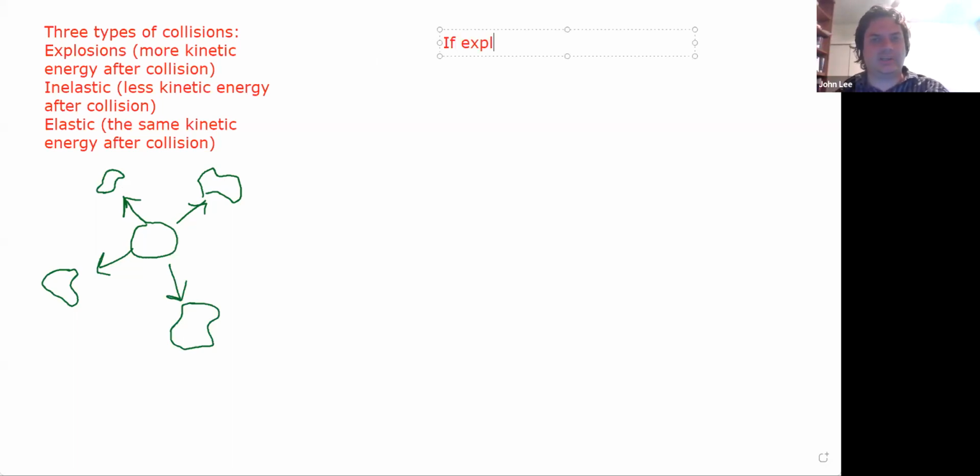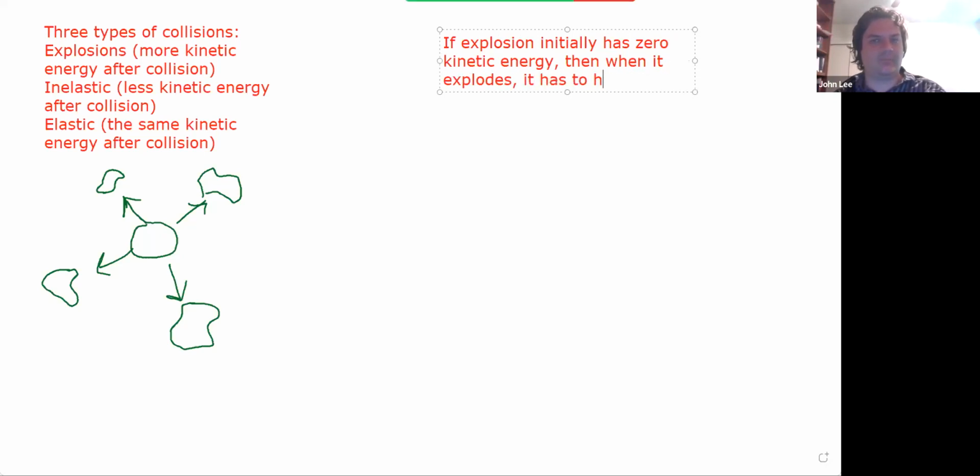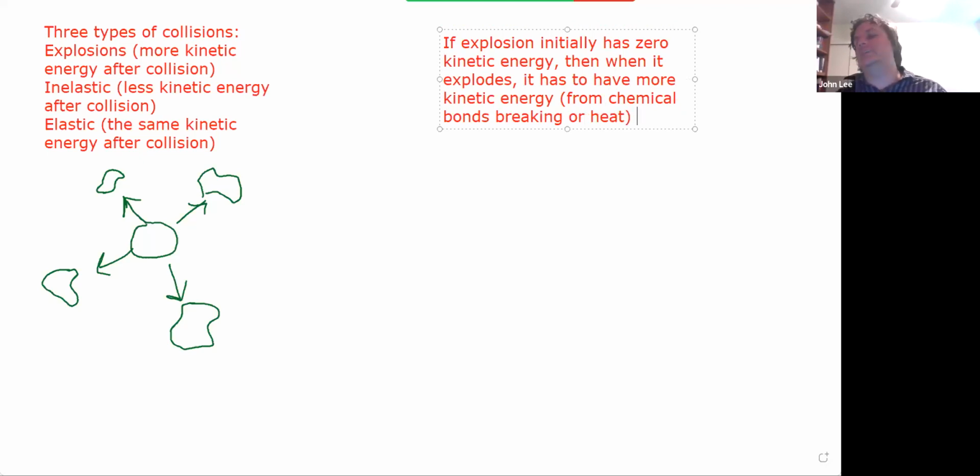So if an explosion initially has zero kinetic energy, then when it explodes, it has to have more kinetic energy because the energy is being taken from other forms of potential energy or heat, but it has the same total momentum.